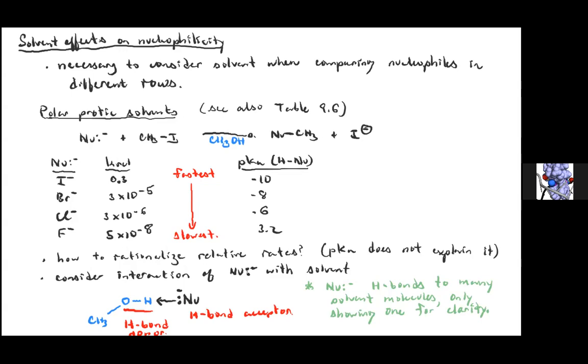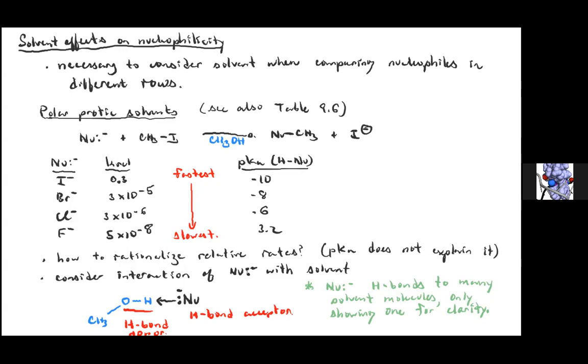If we go to our pKa chart, we see that HF is the least acidic conjugate acid of the nucleophiles. What that means in free energy terms is that fluoride is the least stable relative to its conjugate acid.